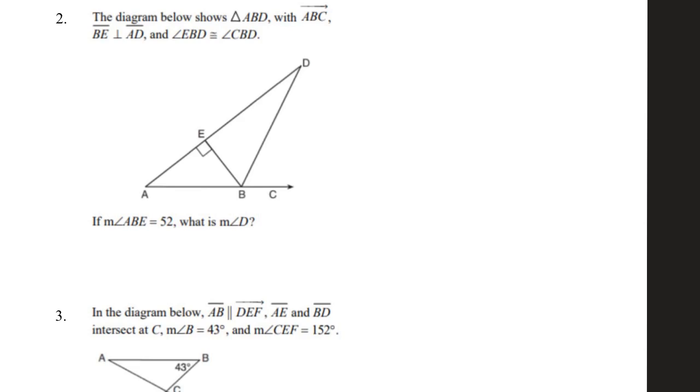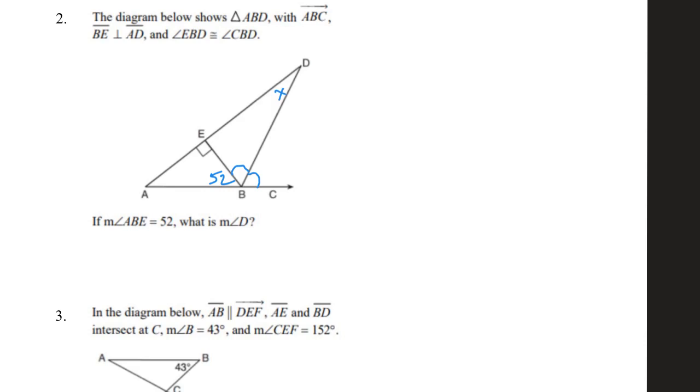And then what's not written in here is that the angle of EBD is congruent to angle CBD. So let's draw that guy in here. This guy is congruent to that guy. Okay. And also we are told that ABE is 52 degrees, and we want to find the measure of D.